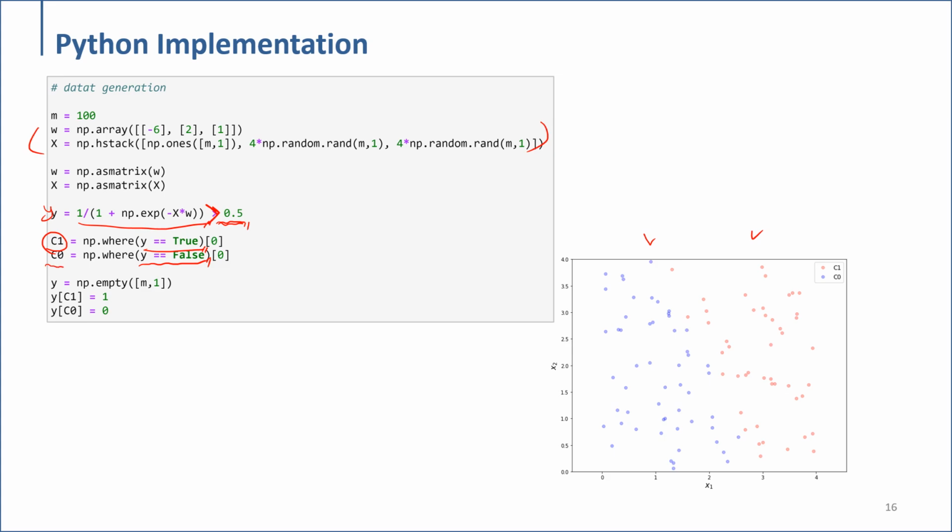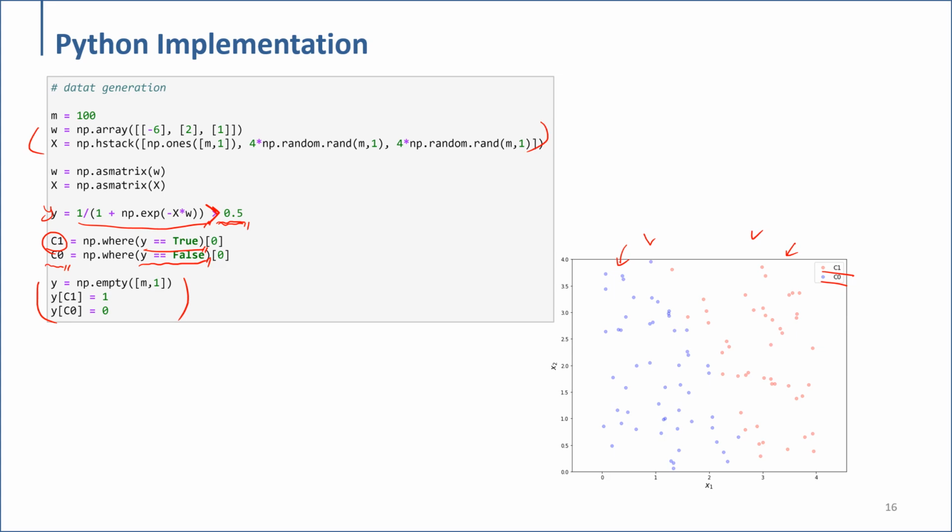In that case, we take these data into C0. So let's label this y value, and when you plot this data, you obtain this format where C1 is represented as red and C0 is represented as blue.